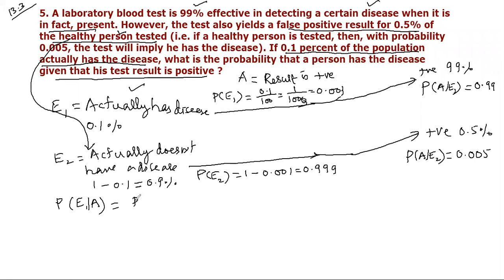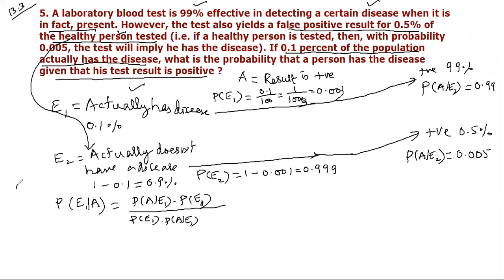The probability of E1 given A is the probability of E1 into the probability of A given E1, divided by, by Bayes theorem.